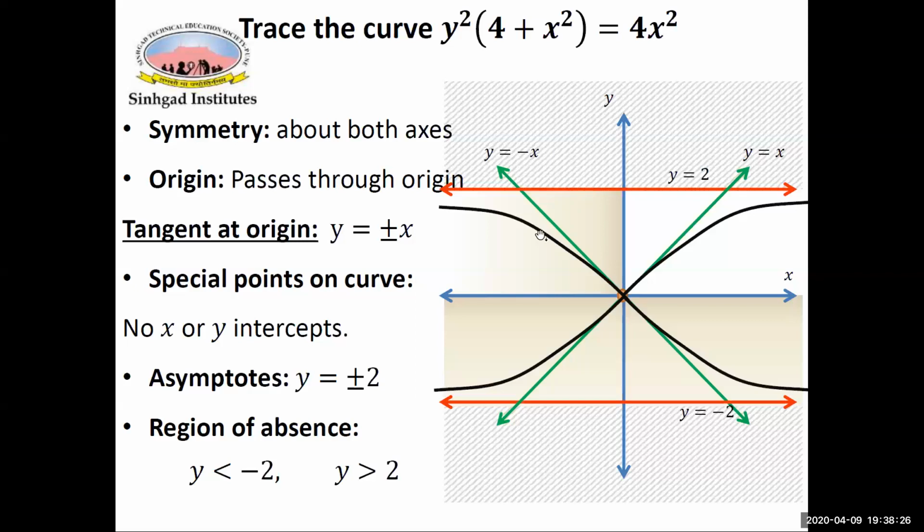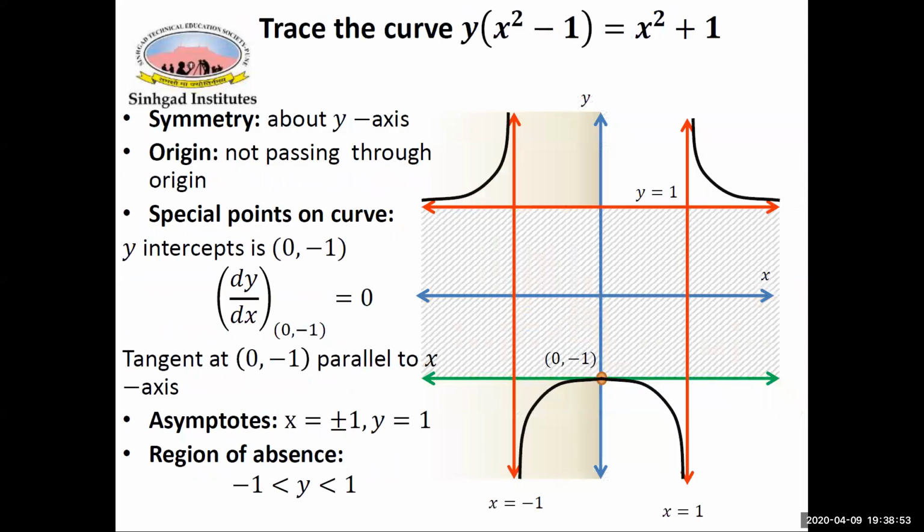It should touch the line y equal to 2 at infinity, and hence the curve will exist only in this region. Since it is symmetric along both the axes, in the 4 quadrants we have drawn the curve like this. So this is an example where the curve is symmetric about both the axes.